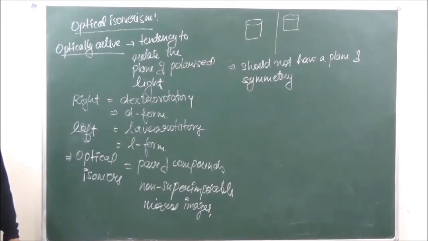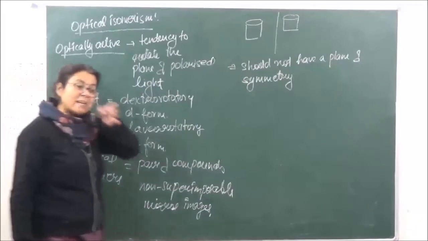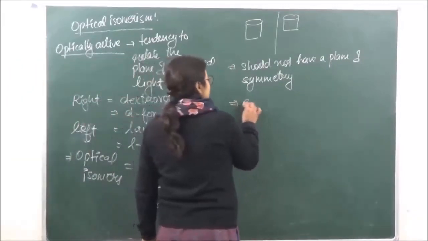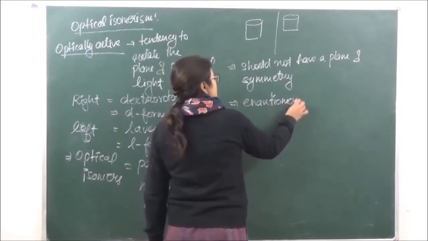Now the optically active isomers are given another name, which is enantiomers.